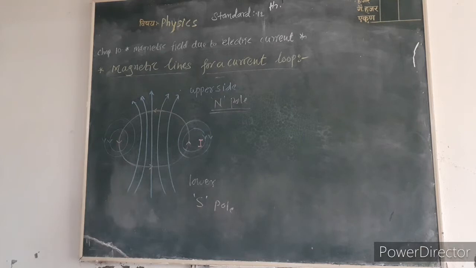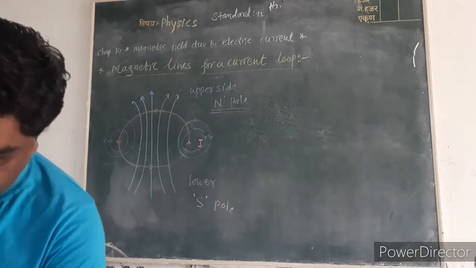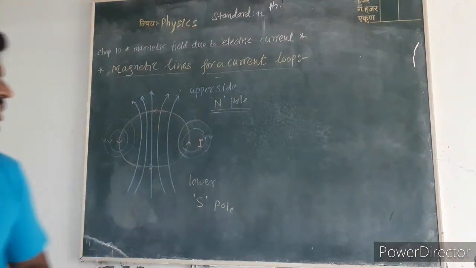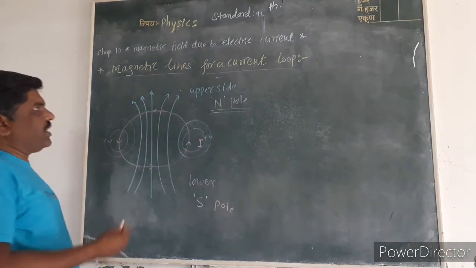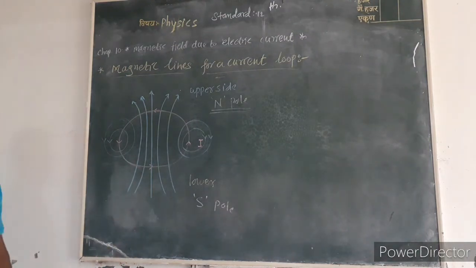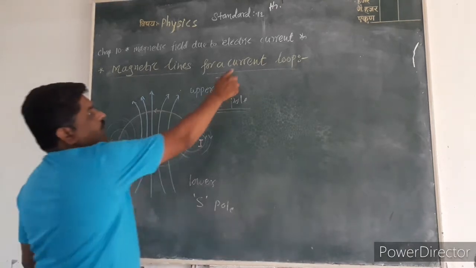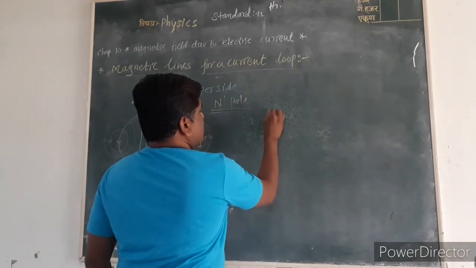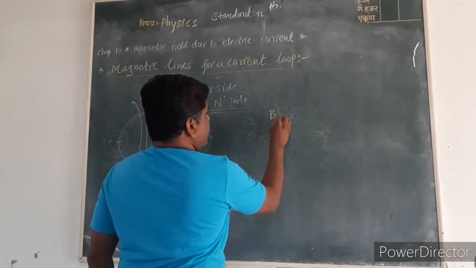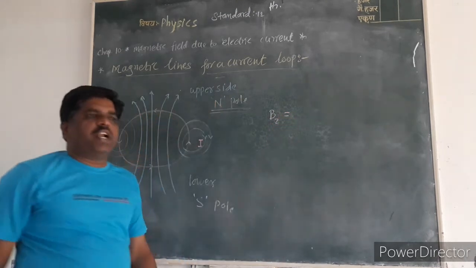In the previous lecture, we derived the relation for the magnetic field due to a current loop, and this magnetic field is along the z-axis.